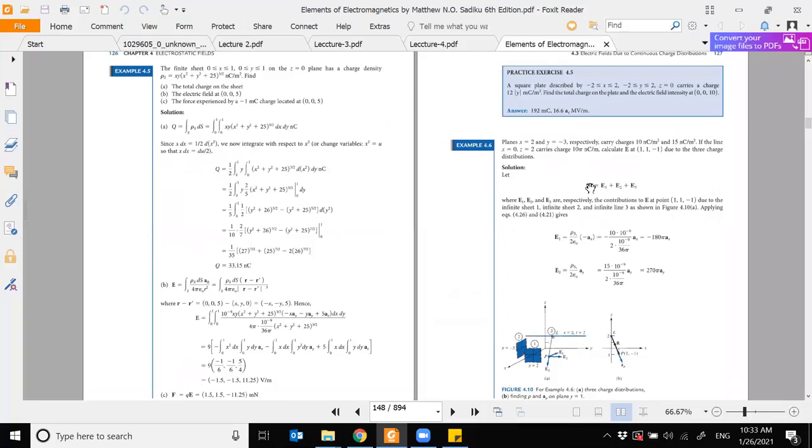You have to keep your charge density inside the integration, because now the charge density becomes a function of your spatial coordinates. It will no longer be a constant. If you are in Cartesian or cylindrical, it will become a function of the spatial coordinates. So your rho v must be inside the integration when you do the integration.